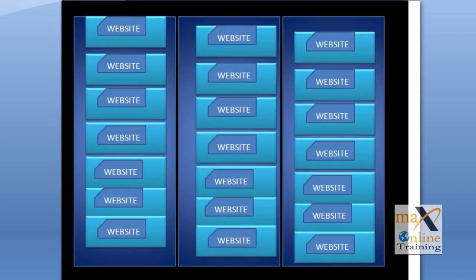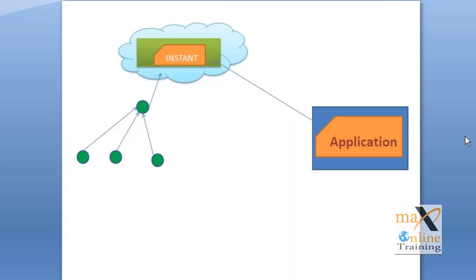In the existing system, we used multiple servers, but in the new cloud computing system, they are going to use a single server. This is a highly configured, specially designed server, and they place the same application on the single server.